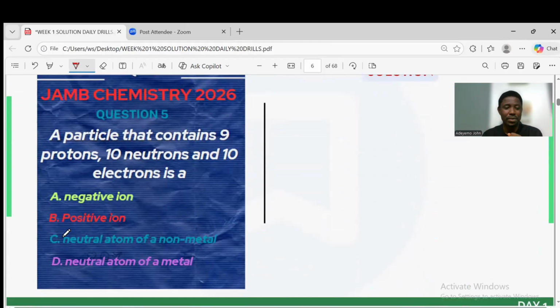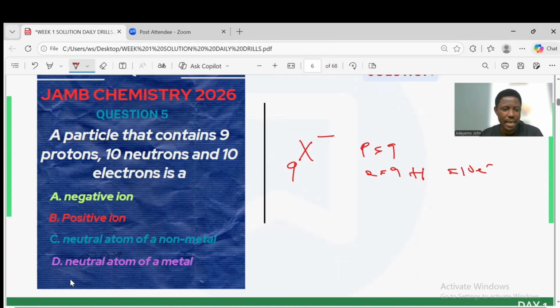All right, let's look at question 5. A particle that contains 9 protons, 10 neutrons, and 10 electrons. Let's say the particle is represented by X, with 9 protons. If it has 9 protons, the electrons are supposed to be 9 too, if it's neutral. But now the electron is 10, which means it has gained 1 electron, so that will make it minus.